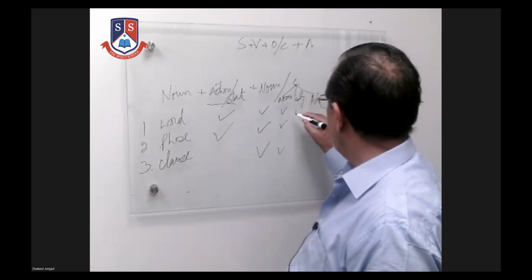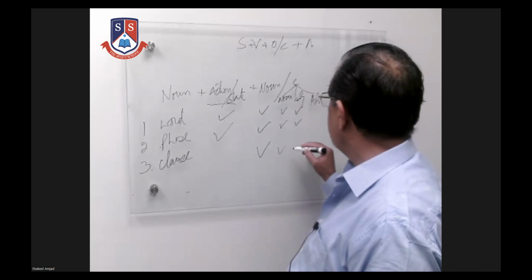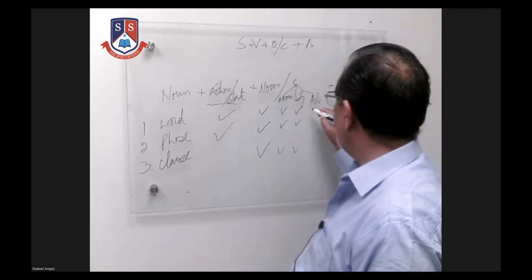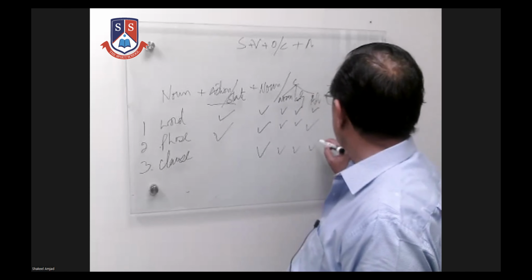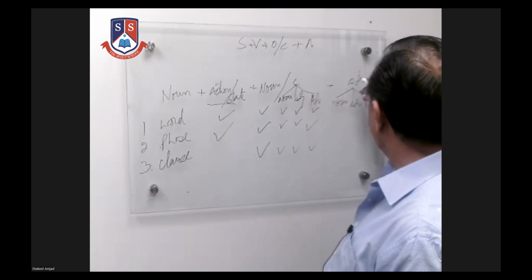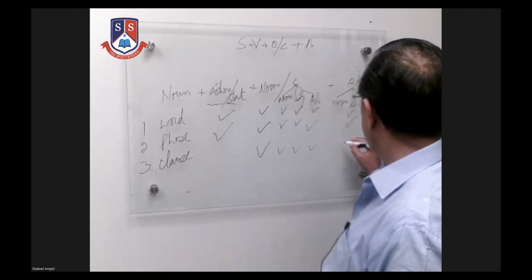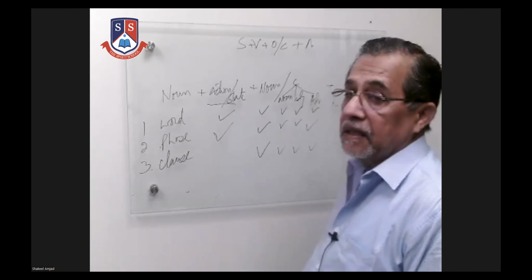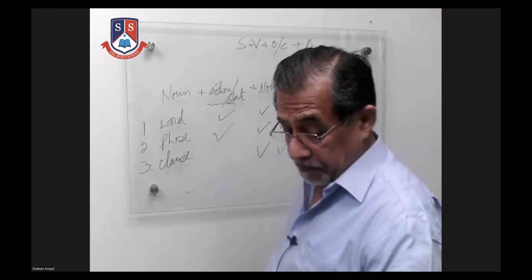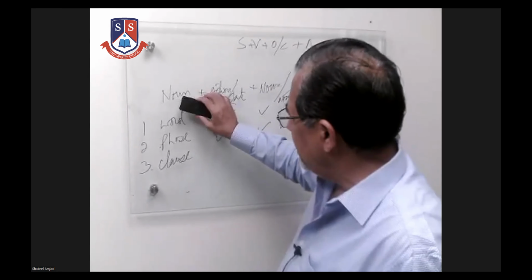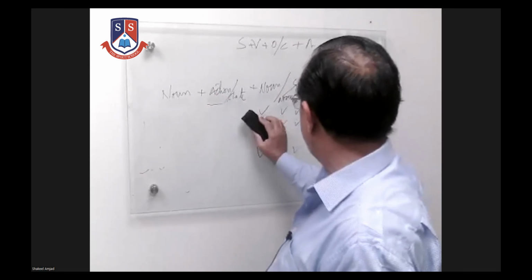Adjective can be a word, a phrase, a clause. Adverb can be a word, a phrase, and a clause. They have all the possibilities, right? So let's take another leap and look at something different.